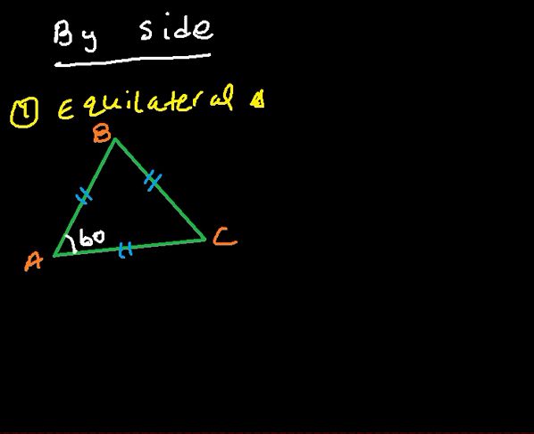So this is a 60-degree angle, this is a 60-degree angle, this is also a 60-degree angle. Let's say if this is 5, then this is 5, and also this is 5. If this is 10, this is 10, also this is 10. So that's about the equilateral triangle.